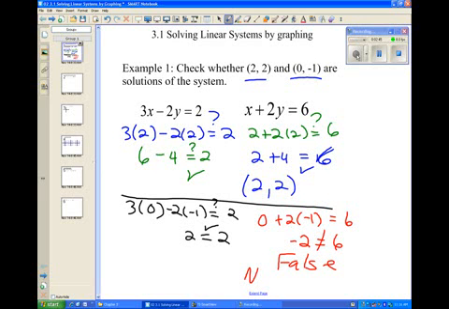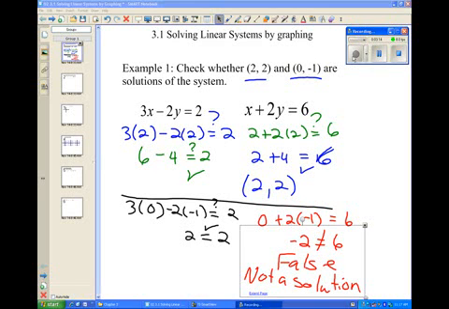So this is not a solution to the entire system, not just to the second equation, but to the entire system. For it to be a solution to the system, it has to work out for both the first equation and the second equation. Here it only worked out for the first equation. It didn't work out for the second equation, so it is not a solution.